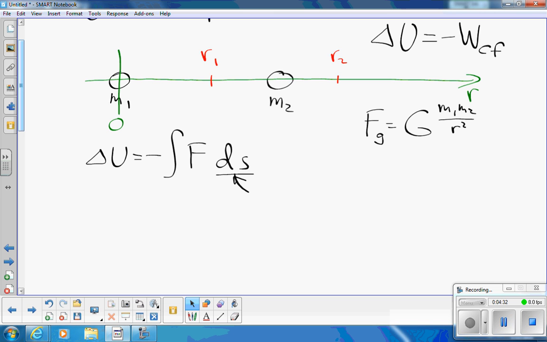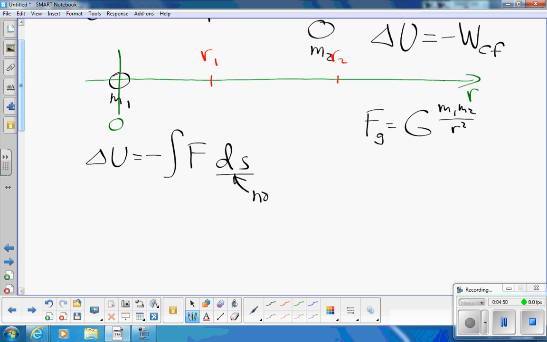To find the total work done, I have to move it a little tiny step at a time of ds. And if I were not constrained to one-dimensional motion, recognize that ds could be sideways, or it could be at a diagonal.